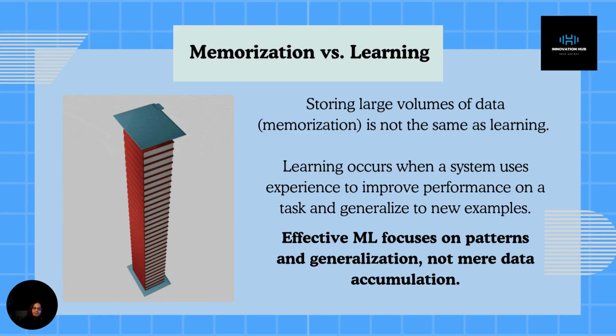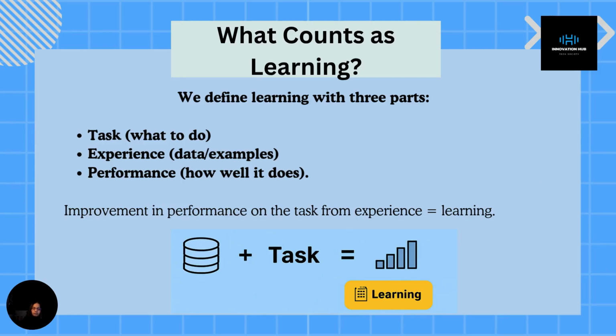To make this idea more precise, we define learning using three components. First is the task, what the system is trying to do. Second is the experience, the data or the examples it learns from. And third is the performance, how well it performs the task.